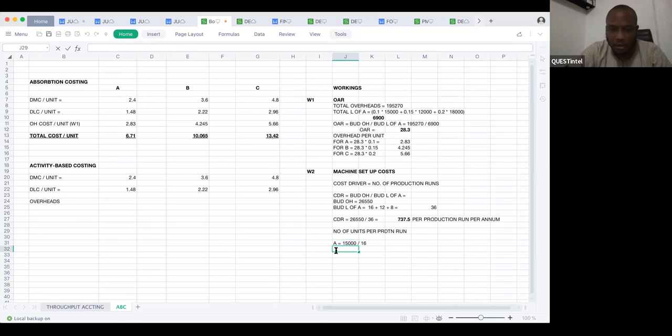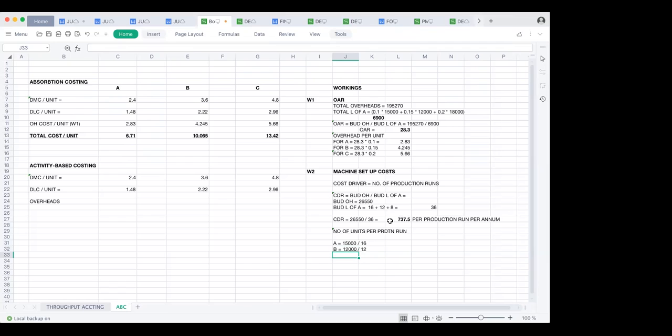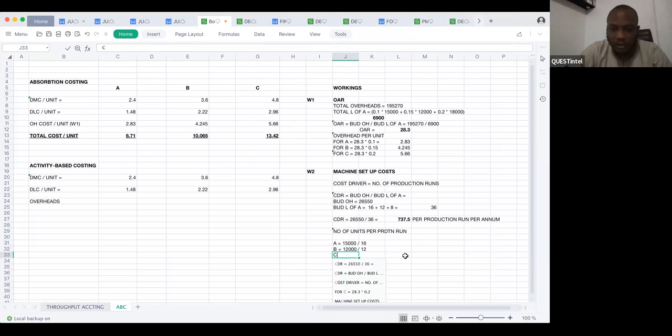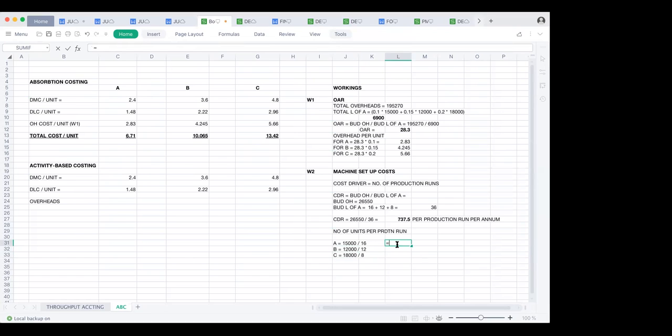While for B, it was 12,000 divided by 12, right? Yes. Because I'm saying the 12 here. And then for C, it was 18,000 divided by 8. Okay.